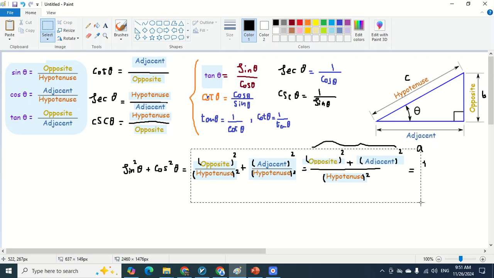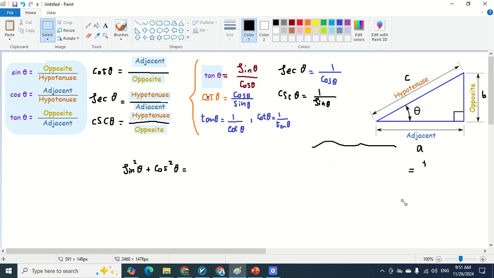Means that by knowing that relation, you can simply realize that sine square plus cosine square is equal to 1, and this is the identity that I talked about. This identity, as I said, is an immediate consequence of the Pythagorean rule.